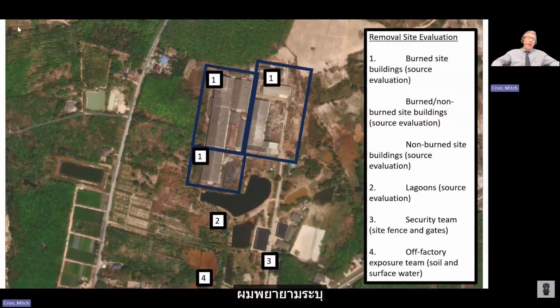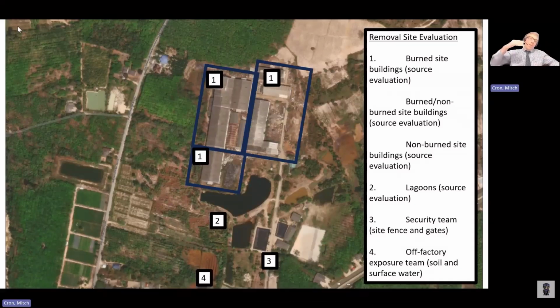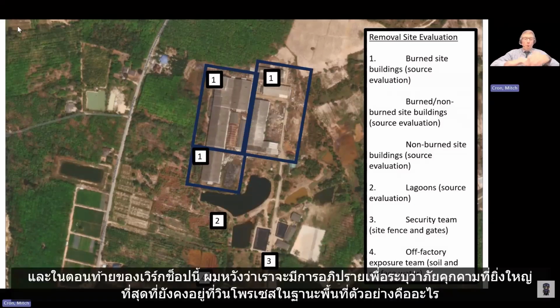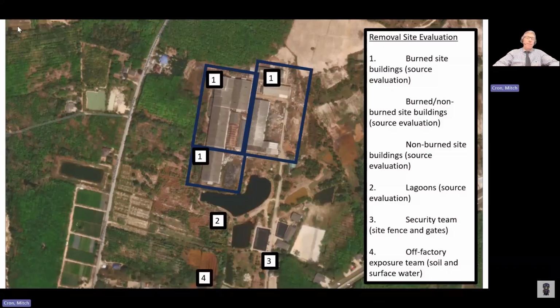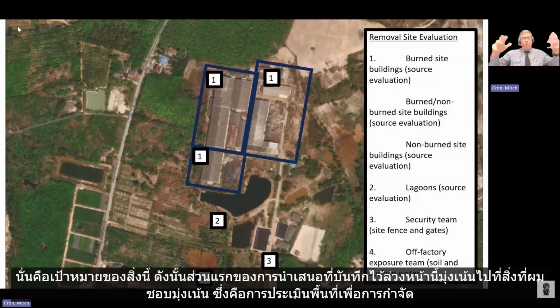I'm seeking to identify clear problems with stability, security, and exposure. And at the end of this workshop, I'm hopeful we can have a discussion to identify what are the biggest threats that remain at Win Process, as an example site, that could be mitigated with short-term, relatively low-cost actions. That's the goal of this.